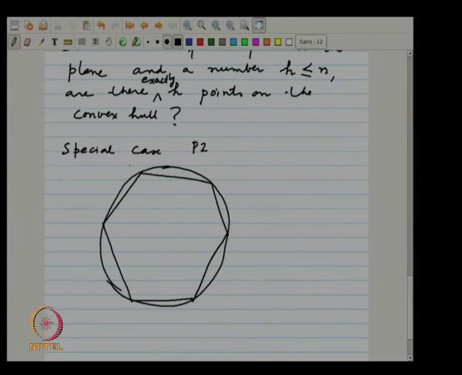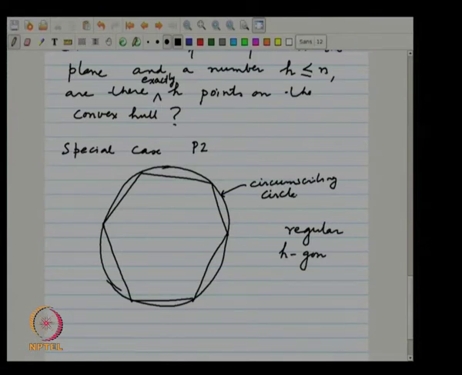So, this is a regular H-gon. Okay. And this is the circumscribing circle of the H-gon.